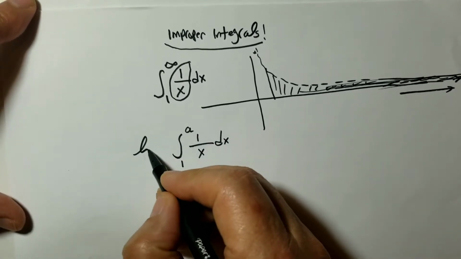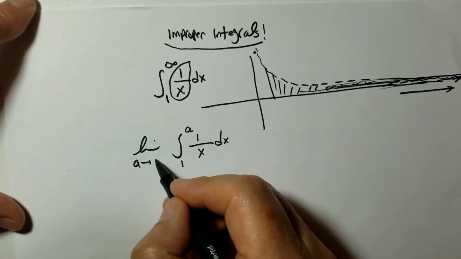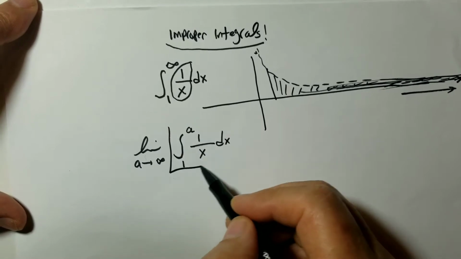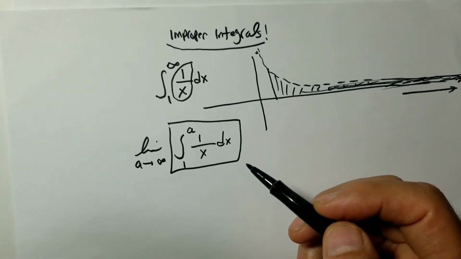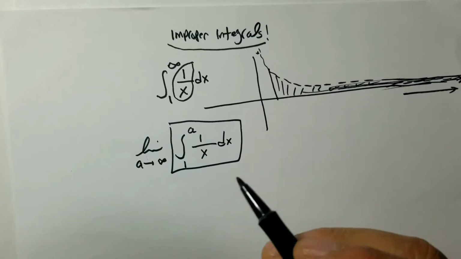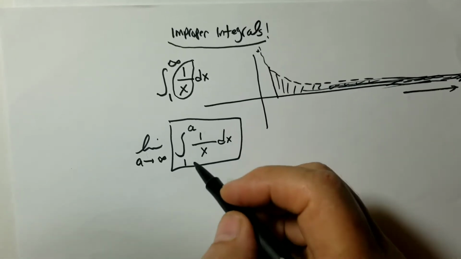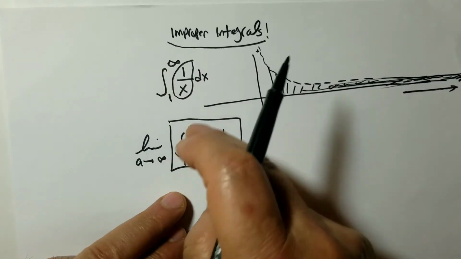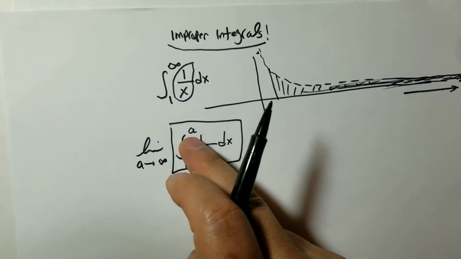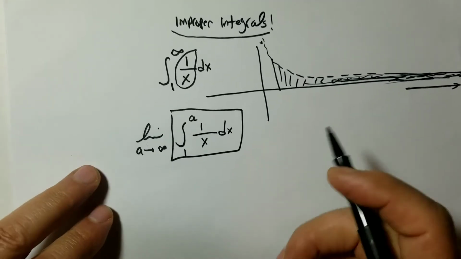Therefore, I have to take the limit as A approaches plus infinity. Call this one a proper definite integral, solve that. Whatever the area under the curve is in terms of A, then take the limit.